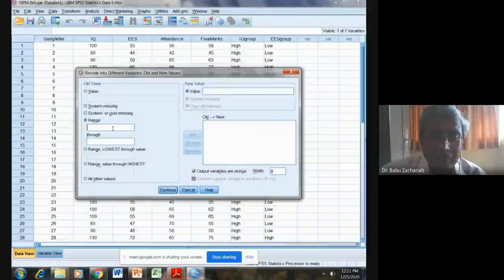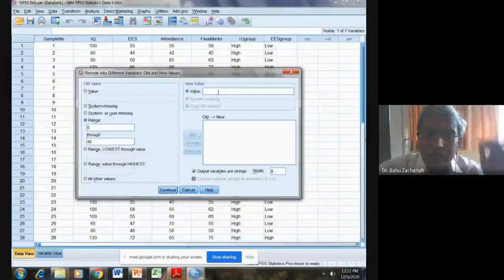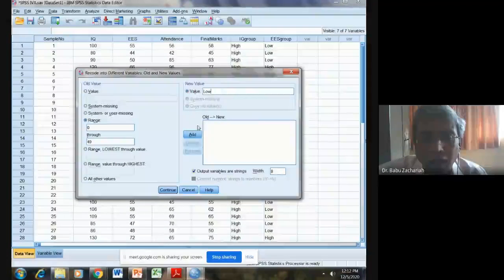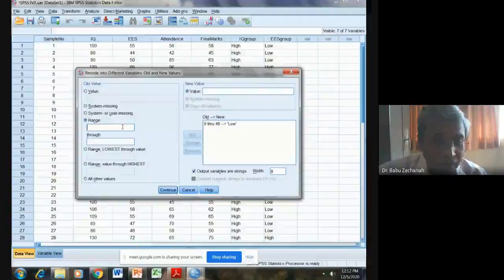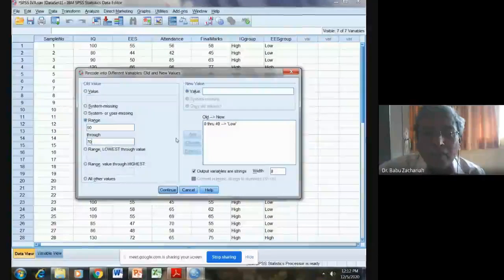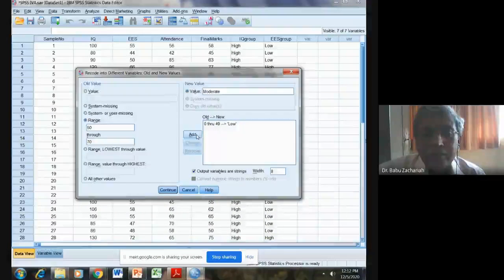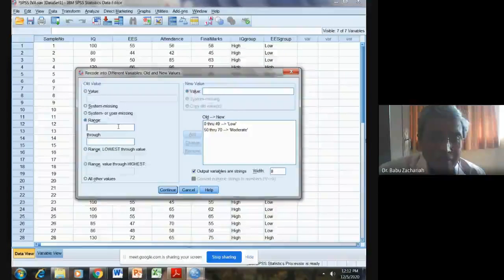So below 50, up to 49, this is low. Add that one. 50 to 70, moderate. Add that. And then 71 onwards.